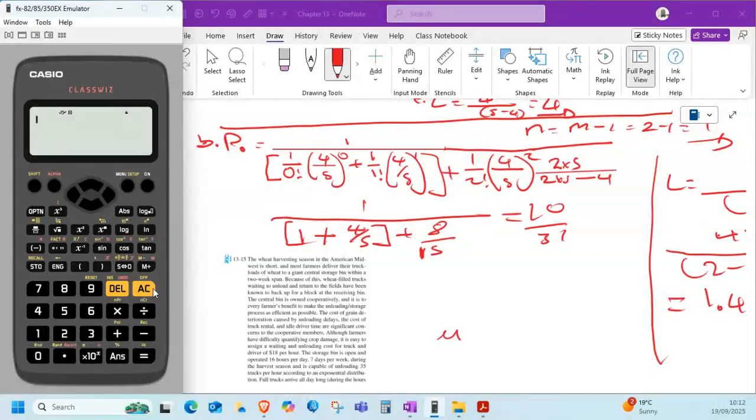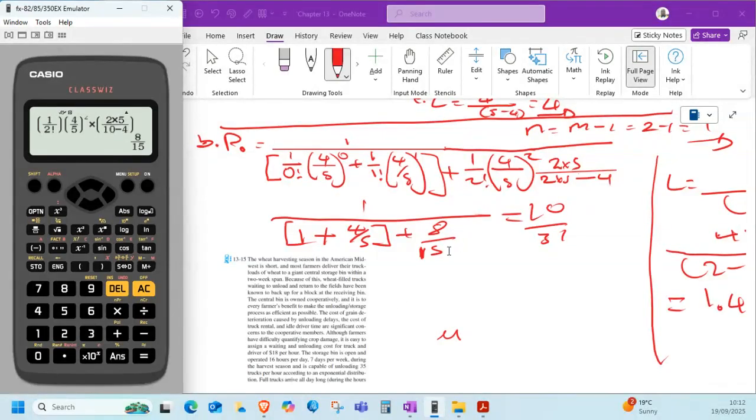Okay, let's see. This one they made it as a 10. I have to get this one right.